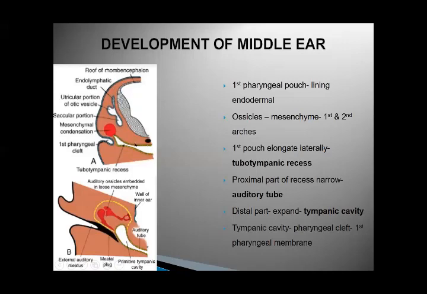So this part which is in contact with the pharynx remains narrow and develops into the auditory tube, pharyngotympanic tube. However, this distal part becomes dilated, and this extension is called tubotympanic recess. This tubotympanic recess then becomes dilated.